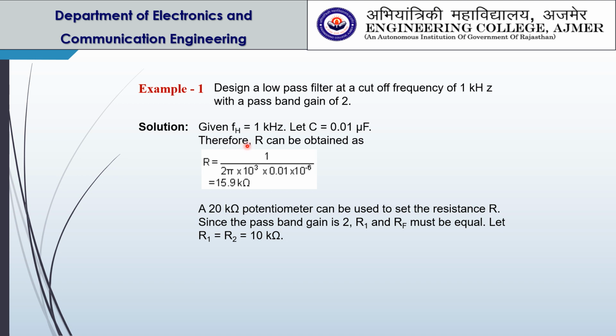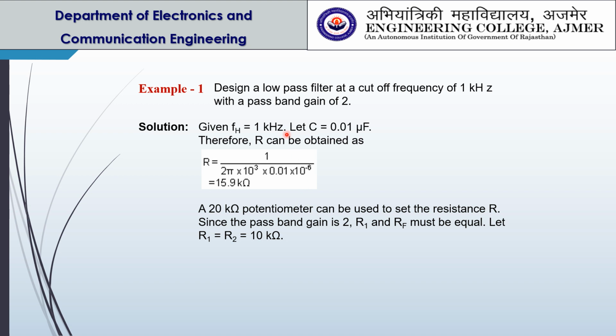Therefore R can be calculated by putting in the previous formula R equal to 1 upon 2 pi FH C. So if we put the value of FH and C, R comes out 15.9 kilo ohm. So a 20 kilo ohm potentiometer can be used to set the resistance R.